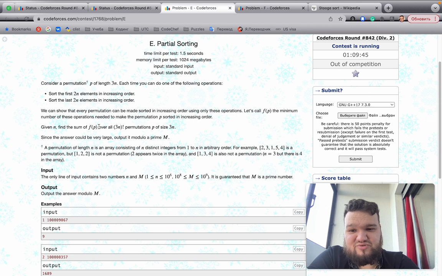It's the only permutation that is already sorted. How can it happen that the permutation can be sorted in one of those operations? Either the last 2n should be correctly sorted, and then we just sort the first one, or the first 2n is already correctly sorted, and we just sort the last.